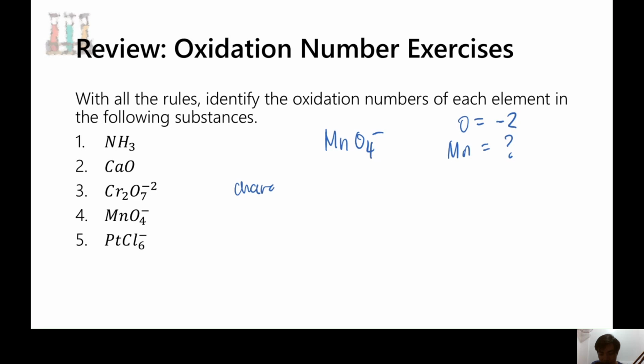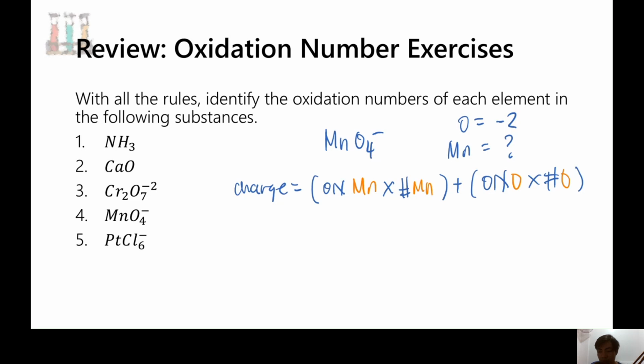That's charge equals oxidation number of Mn times the number of Mn plus the oxidation number of oxygen times the number of oxygen atoms.